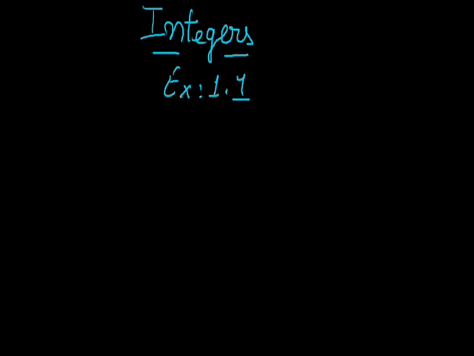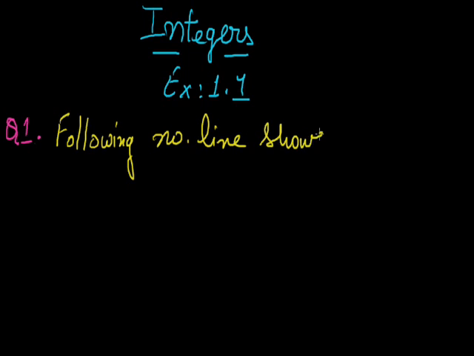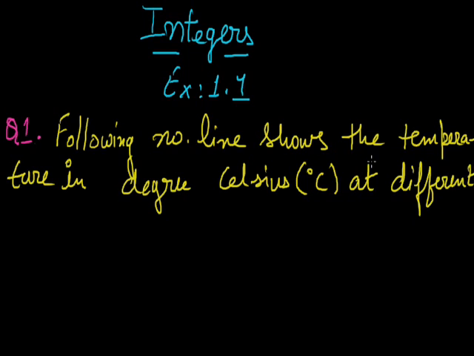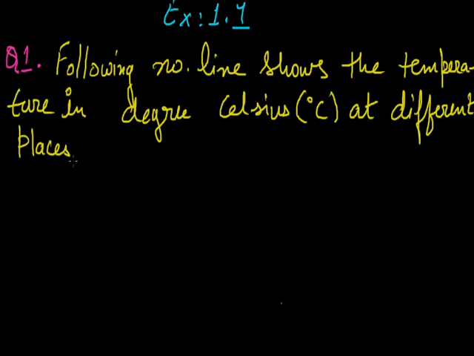The first question of the NCERT book of exercise first is, the following number line shows the temperature in degree Celsius at different places on a particular day.